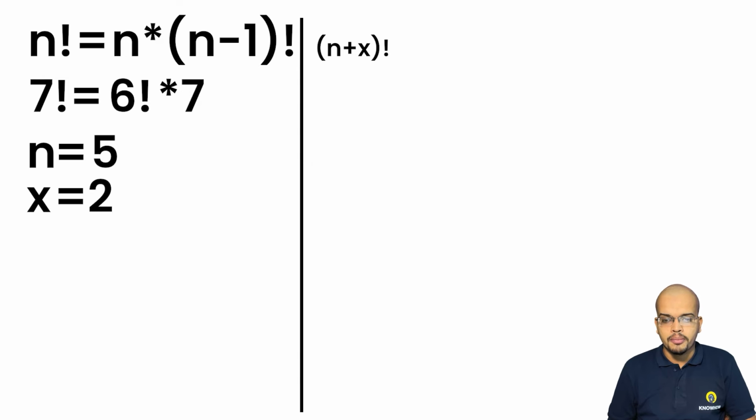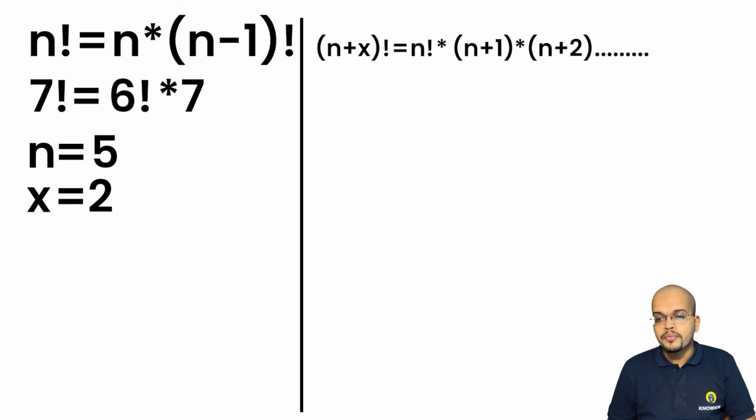If I would like to talk about n plus x factorial, the formula for this is n factorial into n plus 1 into n plus 2, and so on, till n plus x. So this is the formula for n plus x factorial.